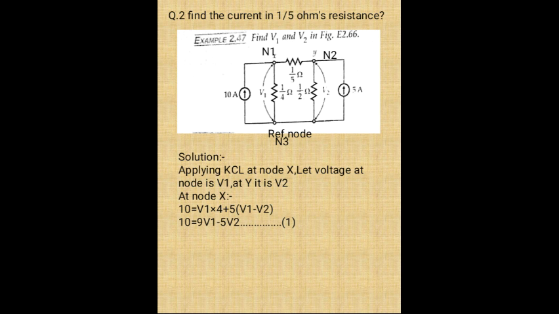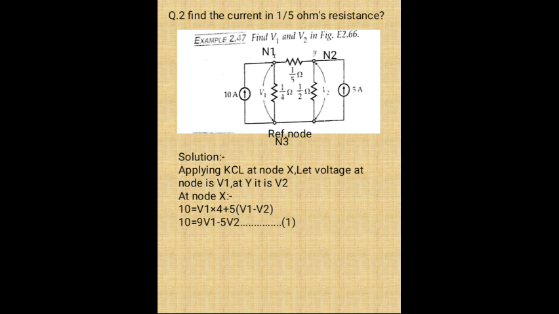Now we take an example to understand this. In the given question, find the current in the 1/5 ohm resistance using nodal analysis. According to nodal analysis, first we consider the number of nodes in the circuit. In the given circuit, there are 3 nodes, N1, N2 and N3.